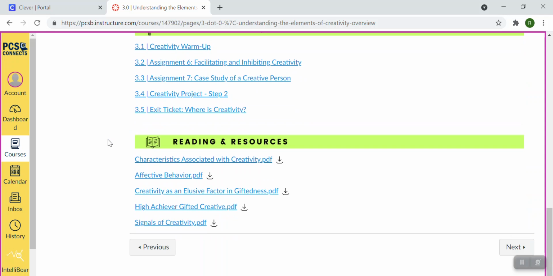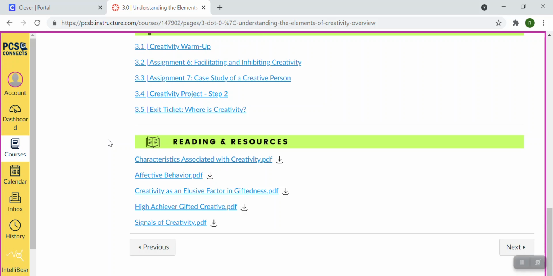Here at the bottom, we have some additional readings and resources. So these are not necessarily included in our assignments in mandatory readings. However, they are in addition. So they are going to support Module 3.